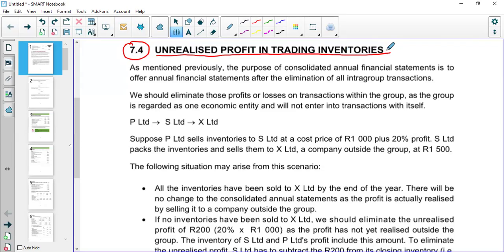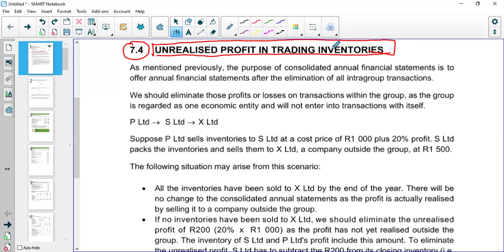So if there is any inventory that was sold, the seller will record sales as well as cost of sales because this is their inventory which they sold.